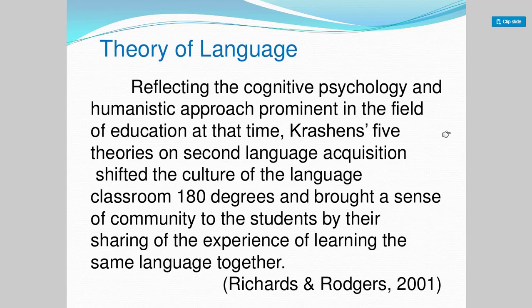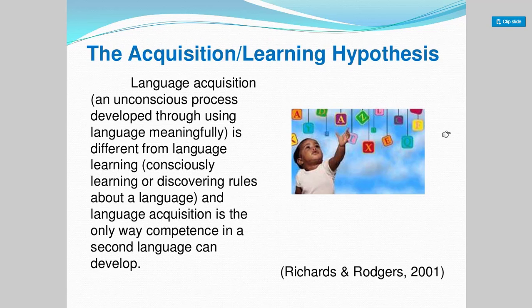This theory of language is focused from cognitive psychology and the humanistic approach, taking into consideration Krashen's 5 theories on second language acquisition, or foreign language acquisition in our case, by providing a 180 degree perspective on how to teach the language and learn it in a meaningful way. Now, let's start with the first one, the acquisition and learning hypothesis.